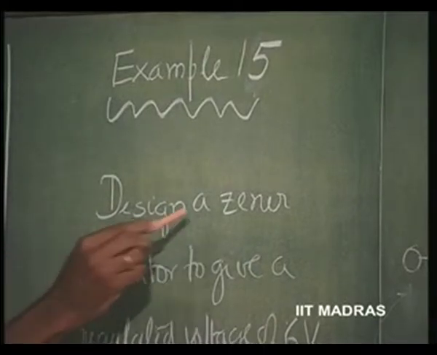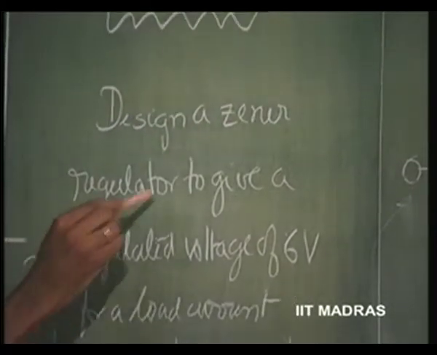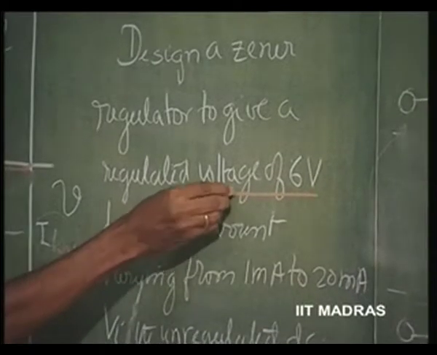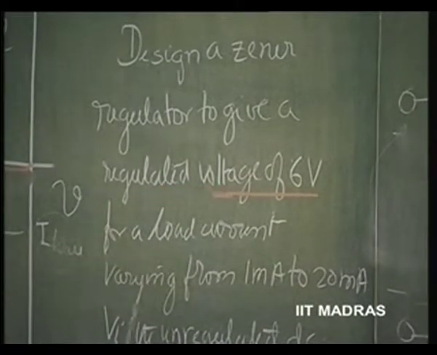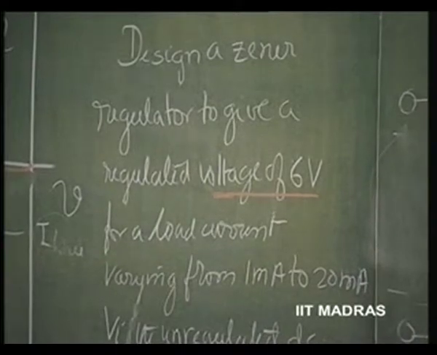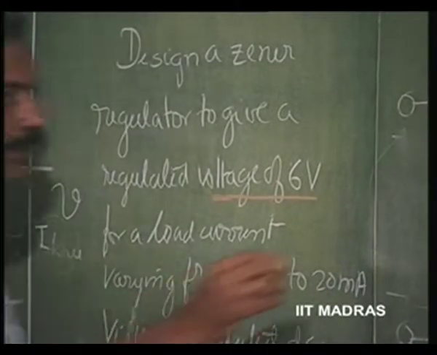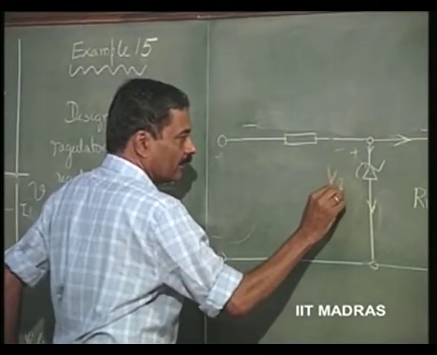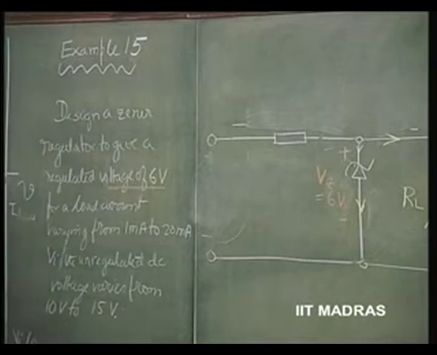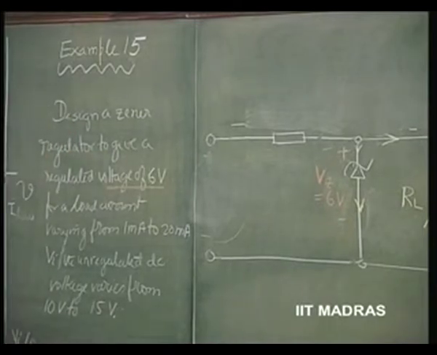Design a Zener regulator to give a regulated voltage of 6 volts. The moment that is fixed, we can fix the Zener. The Zener voltage should be V Z equal to 6 volts. That is all. One part of the design is over.